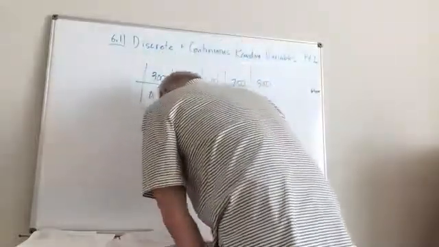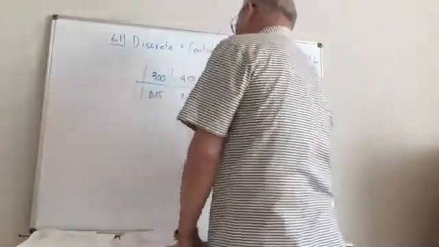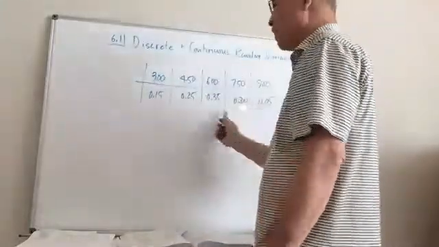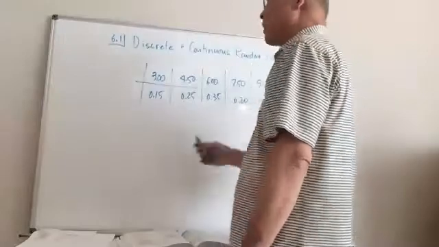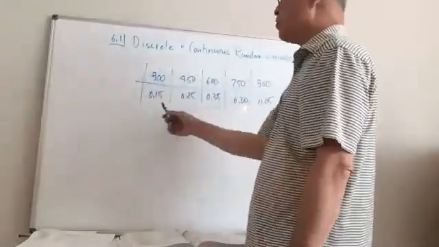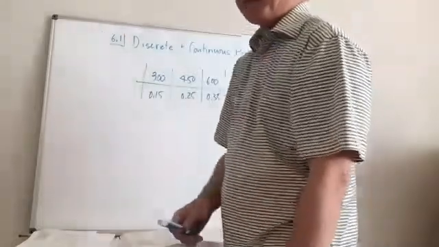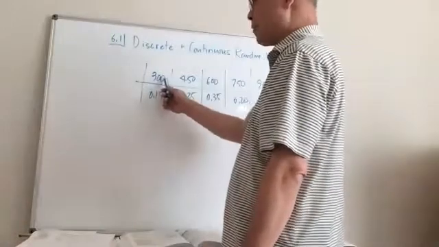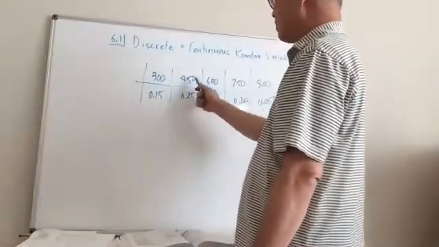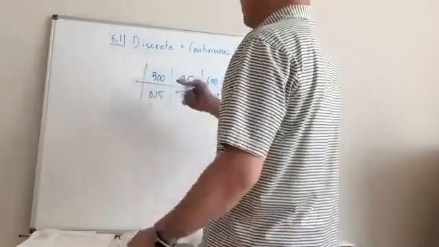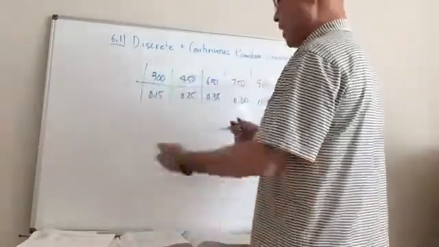So measuring the center. On any given trip, how much money do you think Pete's going to make? Well, the probability of this happening is this, the probability of this happening is this, and so on and so forth. So wouldn't you just multiply these together, and then add them together?